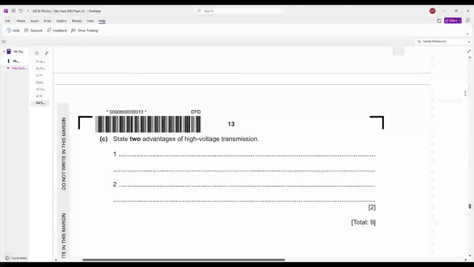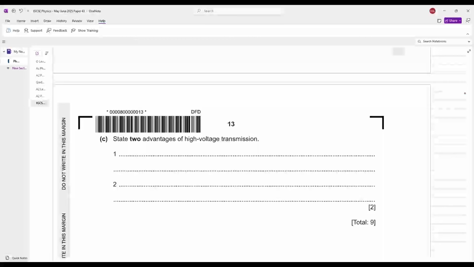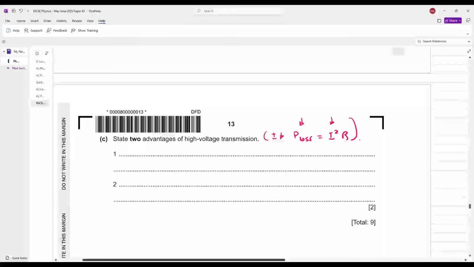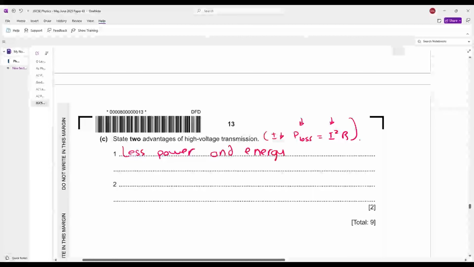आगे बढ़ते हैं. State two advantages of using high voltage transmissions. आपका करंट लो हो जाता है और if current becomes low, what is the formula of power loss? I square R. If current becomes low, power losses will be minimized. तो ये आप लिख सकते हो. You can say power losses are minimized, या less power losses, less energy losses, less power and energy losses.